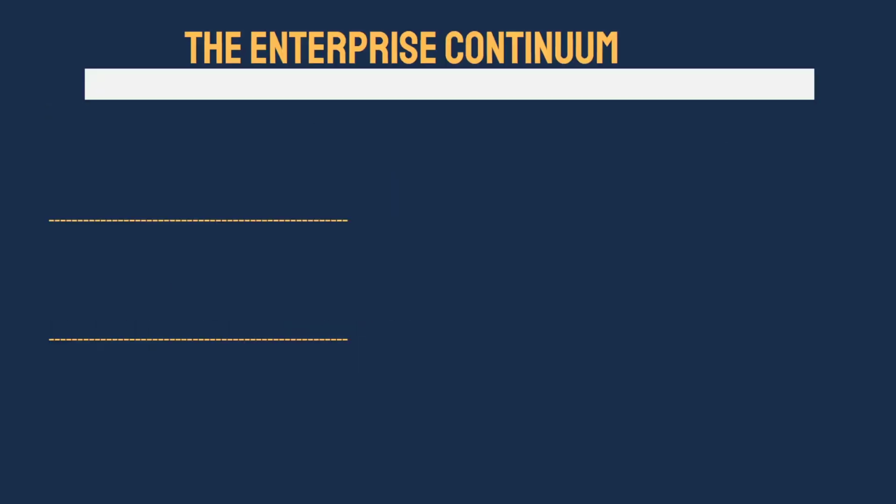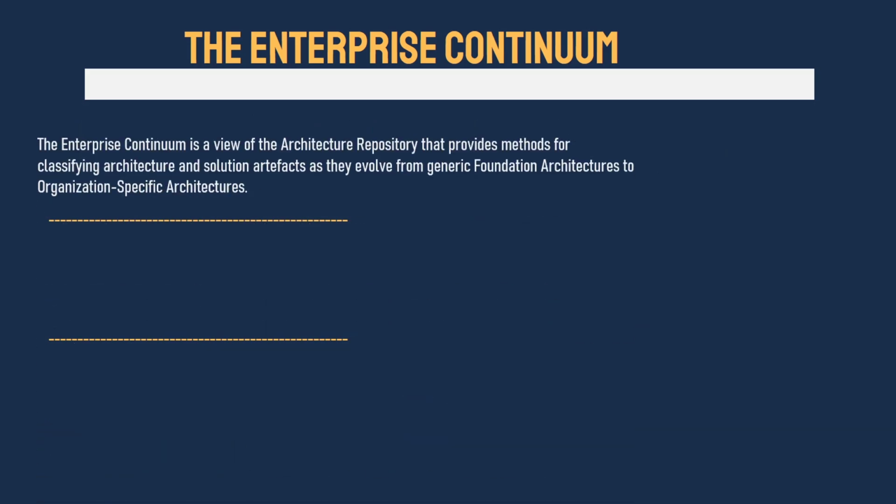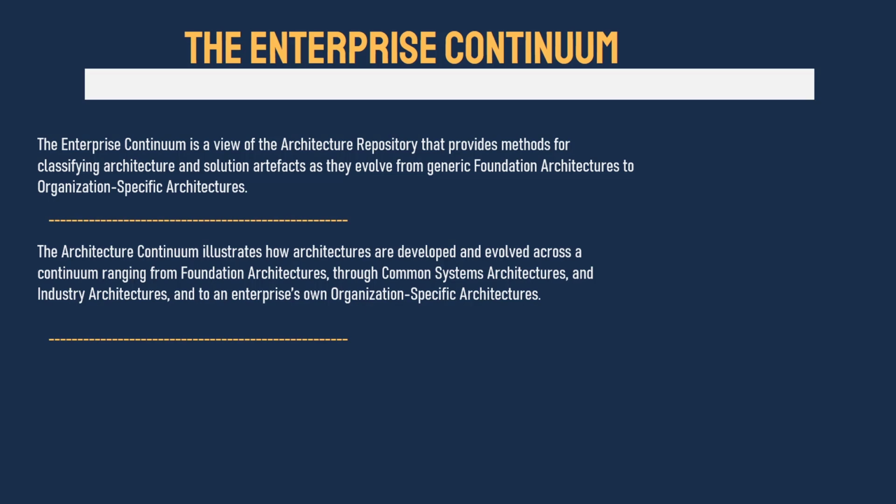The Enterprise Continuum. The Enterprise Continuum is a view of the architecture repository that provides methods for classifying architecture and solution artifacts as they evolve from generic foundation architectures to organization-specific architectures. We can say the Architecture Continuum illustrates how architectures are developed and evolve across a continuum ranging from foundation architectures through common system architectures and industry architectures to an enterprise's own organization-specific architectures.